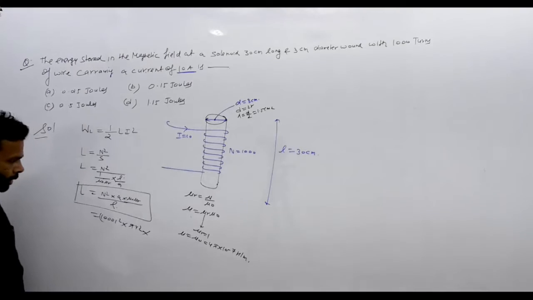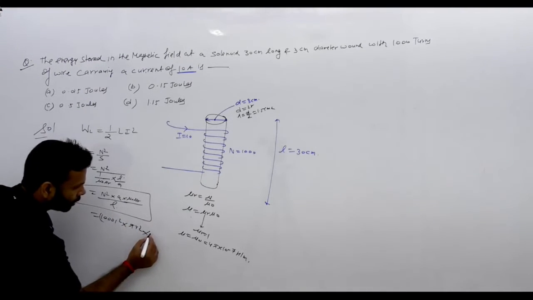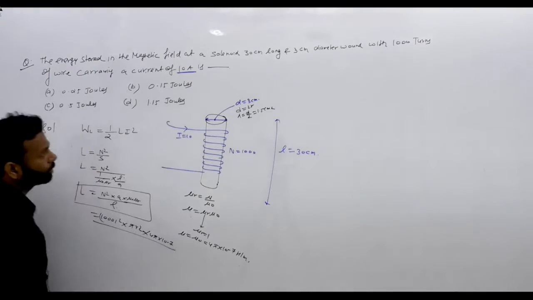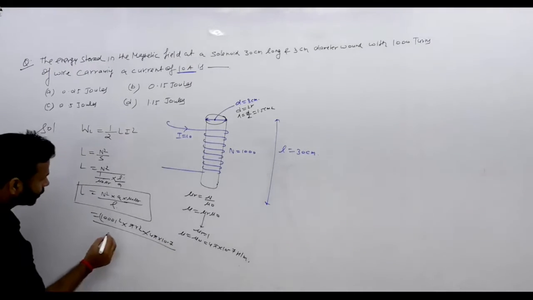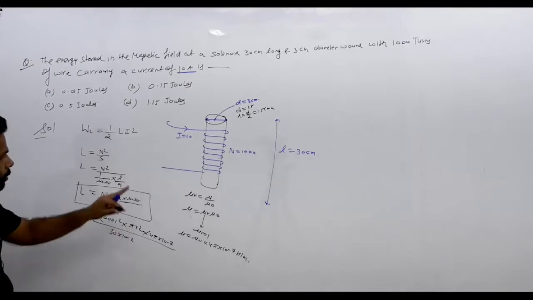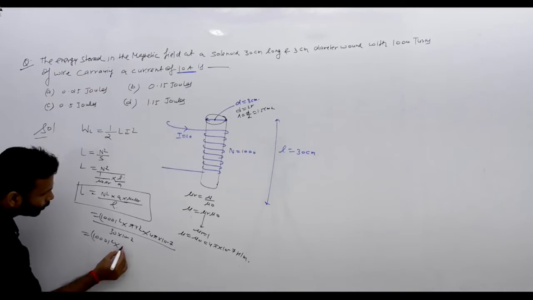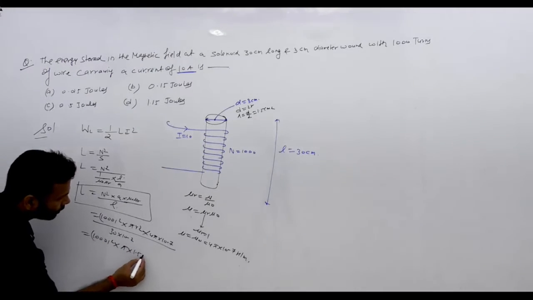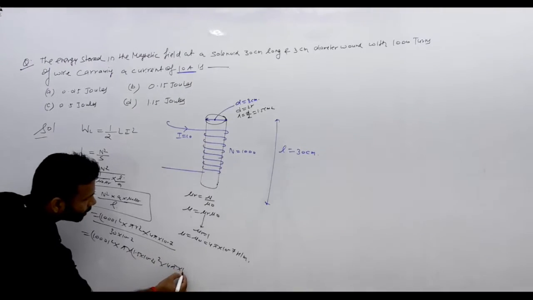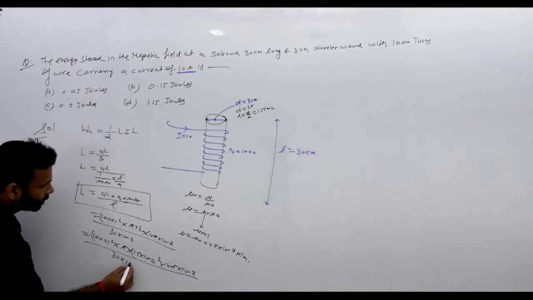Okay so far. Now we put in the values: mu r is 1, 4 pi into 10 to the power minus 7, and l is 30 centimeter, so 30 into 10 to the power minus 2. So L equals 1000 square into pi into (1.5 into 10 to the power minus 2) whole square, into 4 pi into 10 to the power minus 7, upon 30 into 10 to the power minus 2.